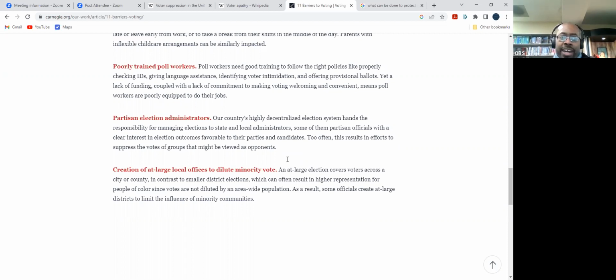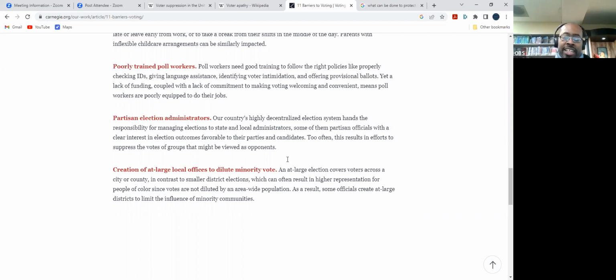And you have partisan election officials, they pretty much enforce these lines, and they institute policies that favor their party and their candidates, and they use it as a tool to suppress the votes of groups that they may view as opponents.